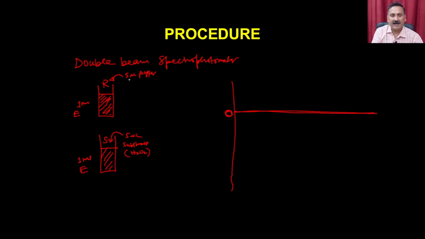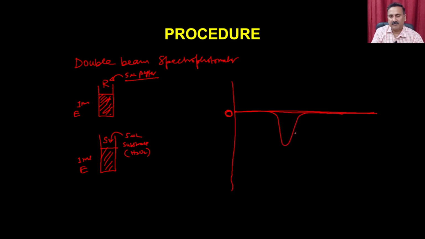Now, when you add 5 microliter of buffer into the reference cuvette and 5 microliter of substrate into the sample cuvette, if the substrate is interacting with the enzyme, it will show you a dip.